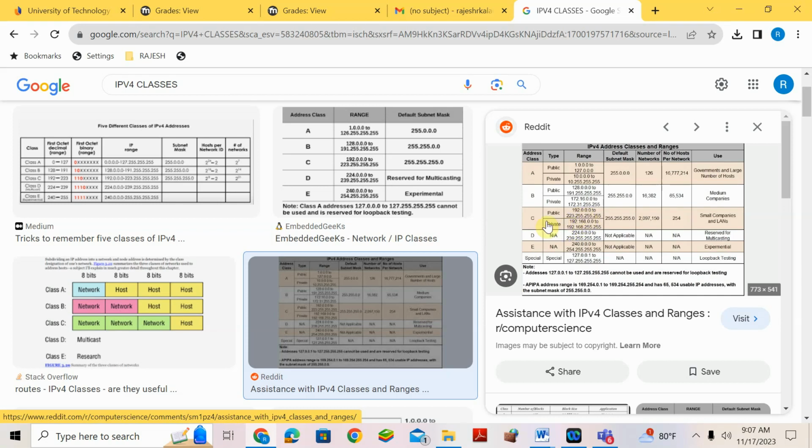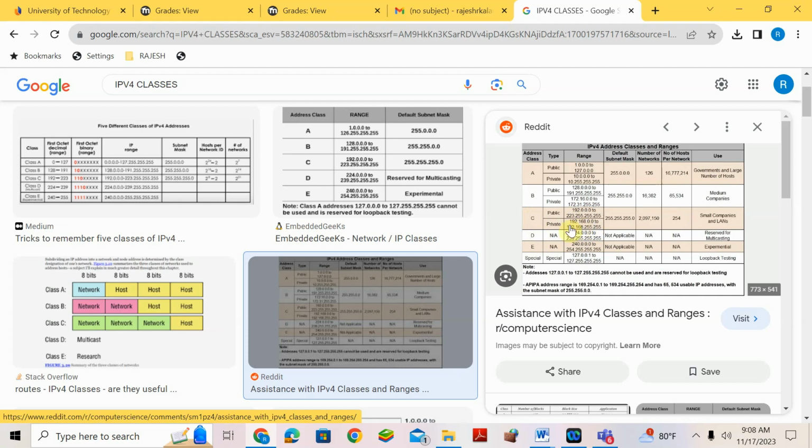So here class C, the private address: the first octet is 192, the second is 168, and the last octets range from 192.168.0.0 to 192.168.255.255. If the IP address is in this range, this is called class C. Class C public is different. Public means we use it for internet purposes, but private means the one we can use in the local network.